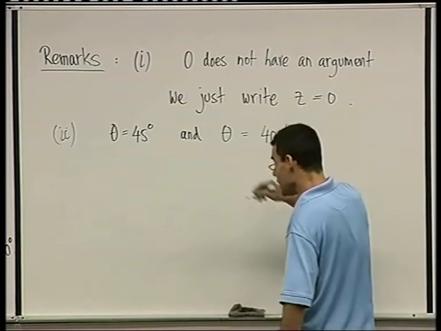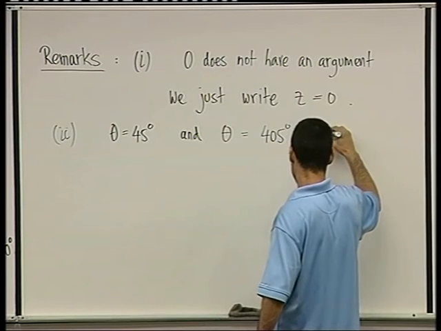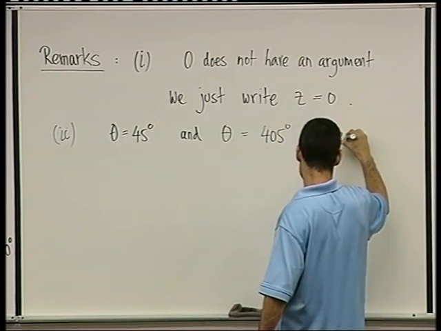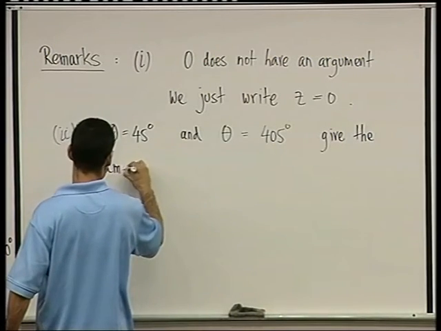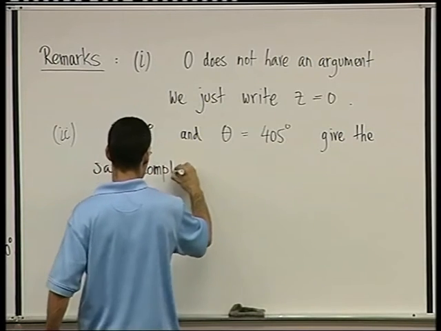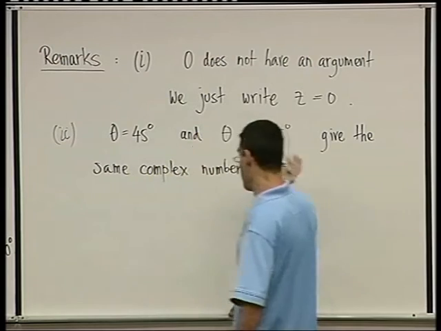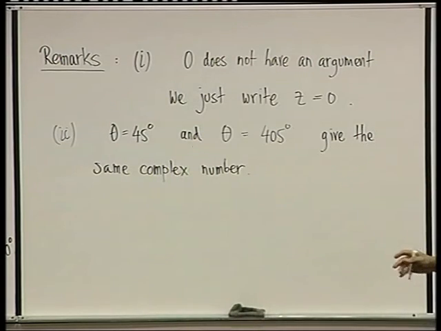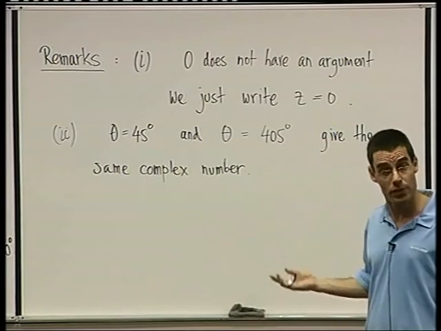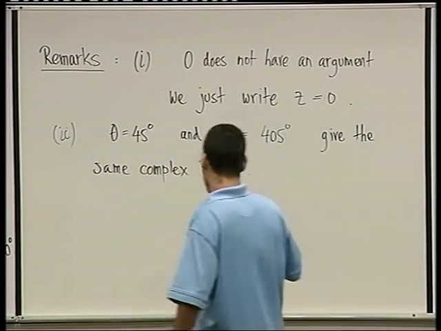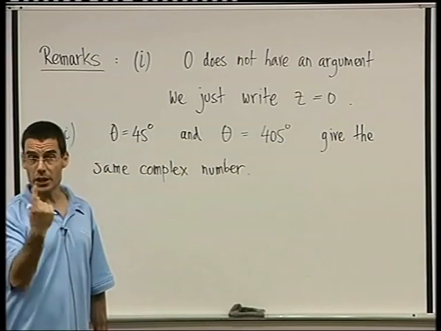So theta equals 45 and theta equals 405 degrees give the same complex number. So we want to identify them. We don't want to think of, let's say, 3 cis 45 and 3 cis 405 as two different numbers. They're the same number. So therefore, the argument is not unique.